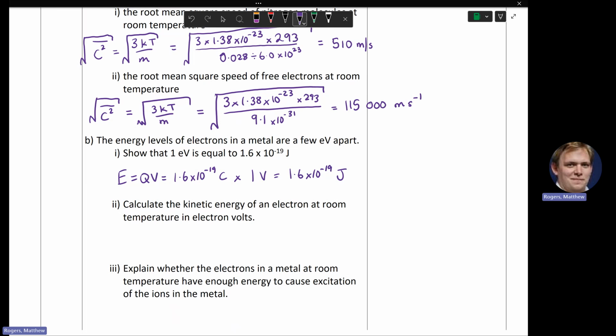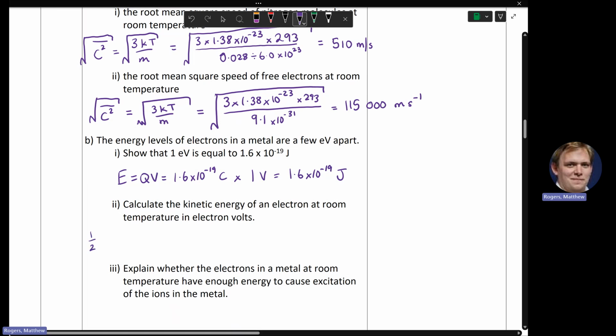Calculate the kinetic energy of an electron at room temperature in electron volts. So we'd normally say that we're working in joules, and we'd have half m c squared bar is equal to 3/2 kT. So 3/2 times 1.38 times 10 to the minus 23 times 293 gets me it in joules.